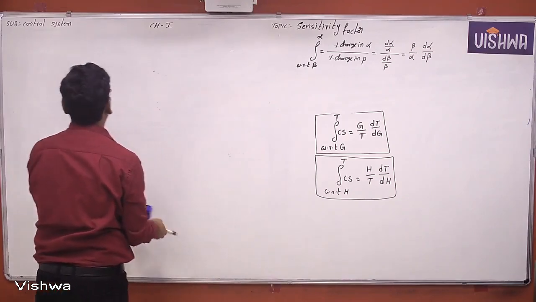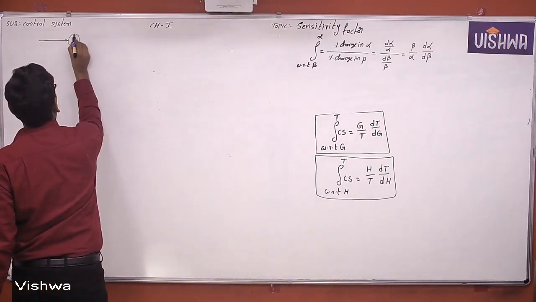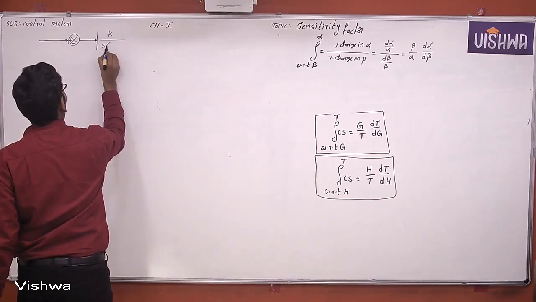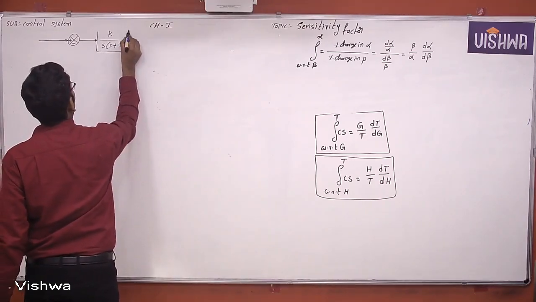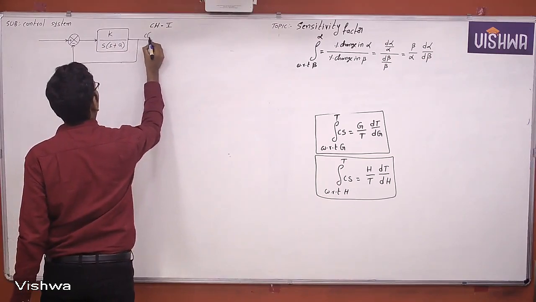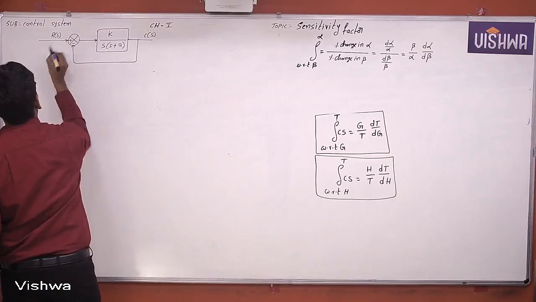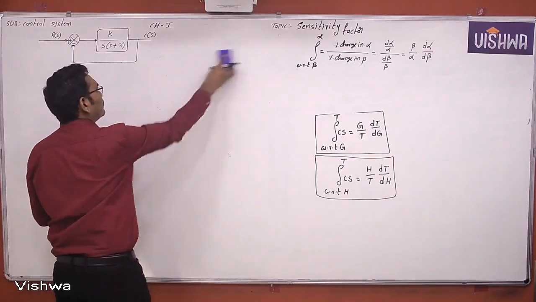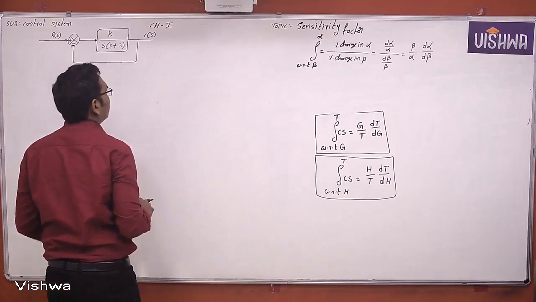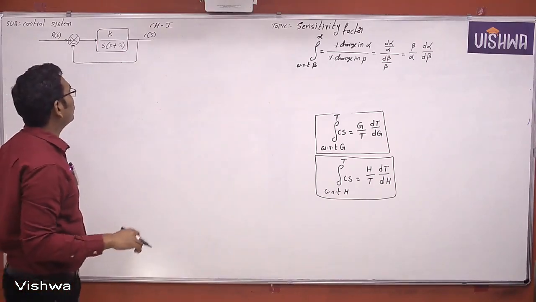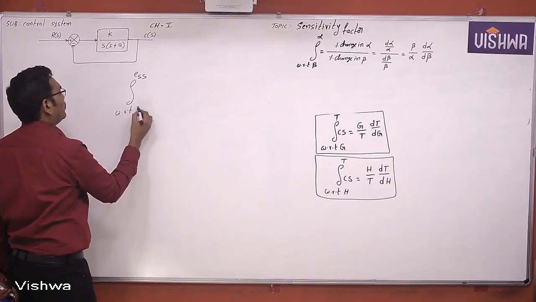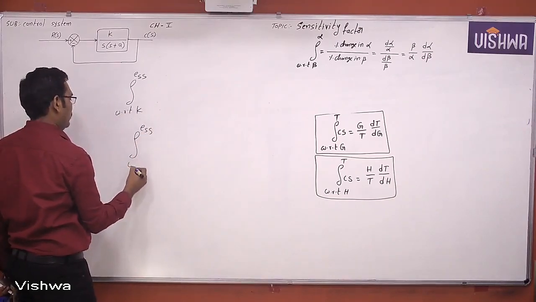Now this is the block diagram which is given to you. By considering the following block diagram, what he is asking is to find the sensitivity of steady state error with respect to k and with respect to a.